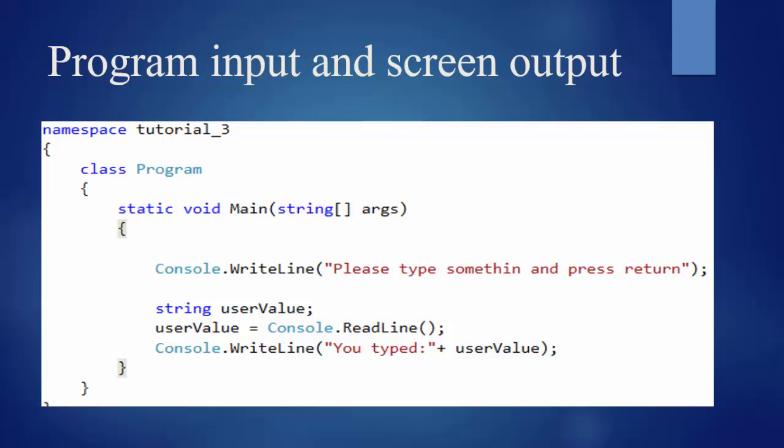The string user value: here I've created a value in memory to hold a string value. So when someone types in and then enters the value, it will be saved to the user value.